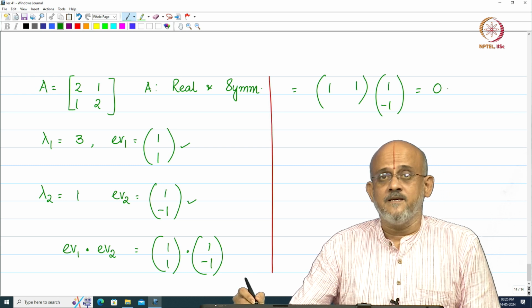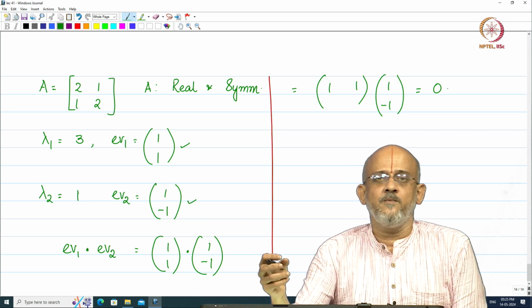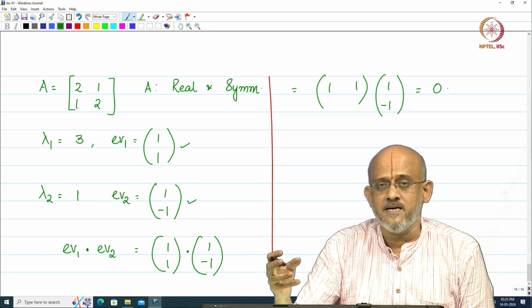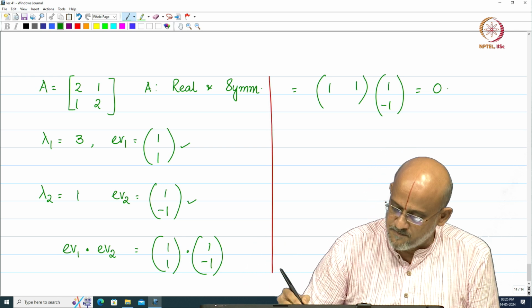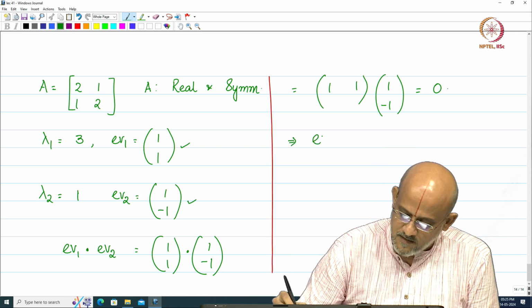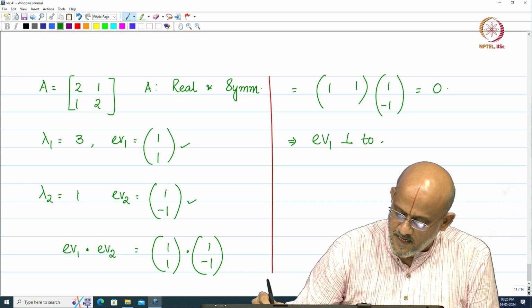That is interesting. If the dot product of two vectors is 0, what can we tell about the two vectors? We know that if the dot product of two vectors is 0, the vectors are going to be orthogonal. So, this means eigenvector 1 is orthogonal to eigenvector 2.